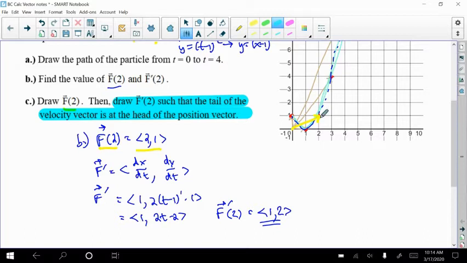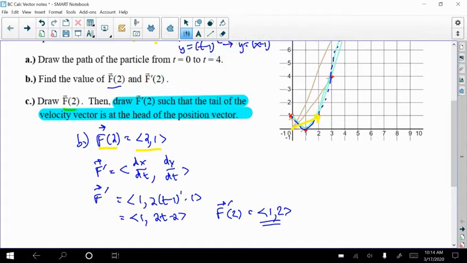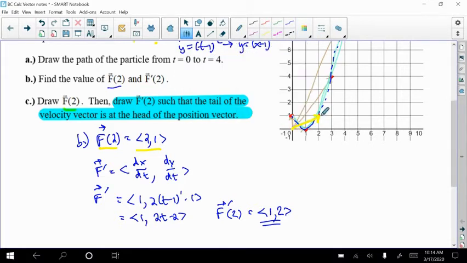So this right here represents the position vector at that instant. I'm going to write and draw this vector. So from the ending point, that 2 comma 1, I'm going to draw a vector that goes over 1 up 2. It looks like this.